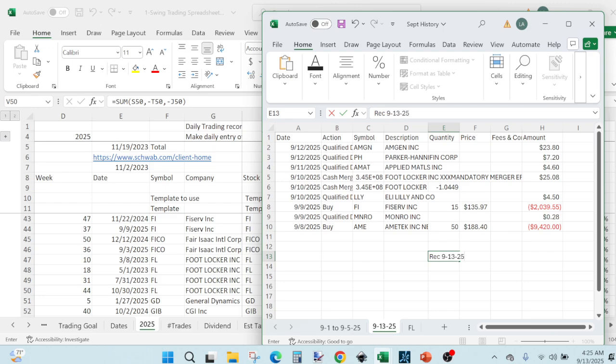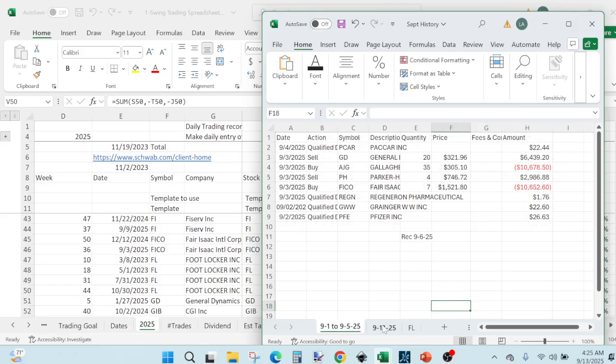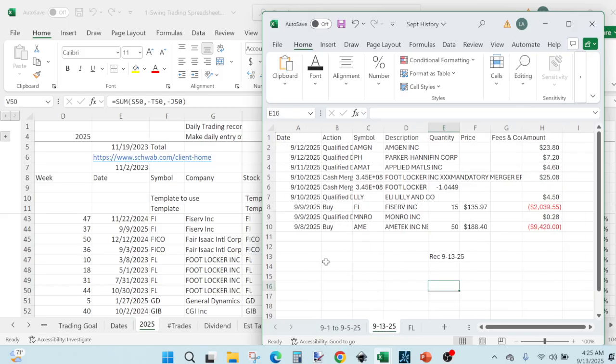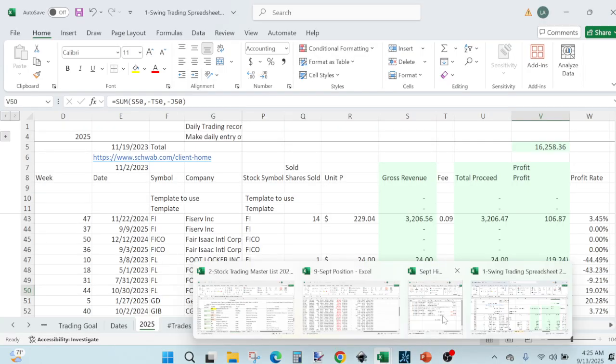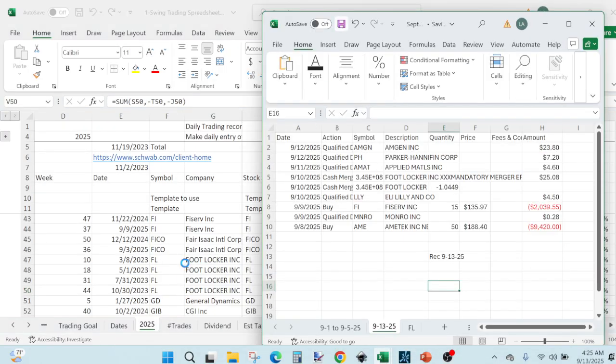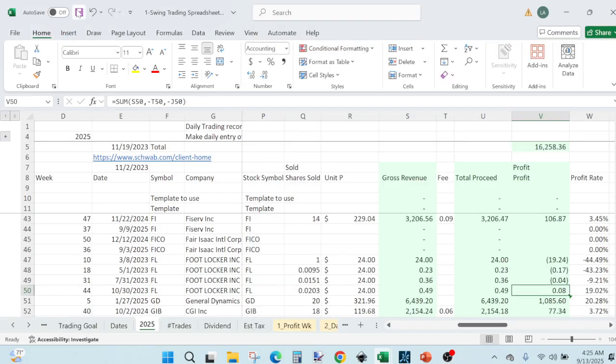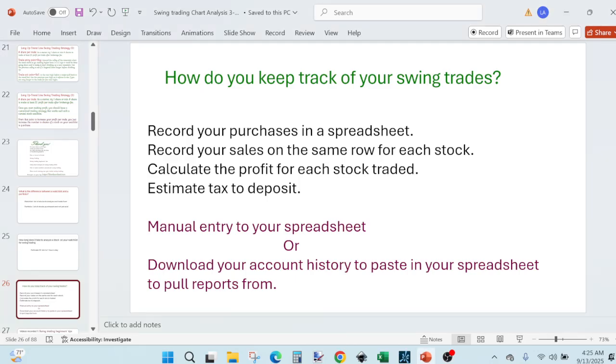And by just putting this later, it just lets me know that I did that recording already. And you just make sure you save everything. And that concludes how I track my swing trade, or one way you can keep track of your swing trade.